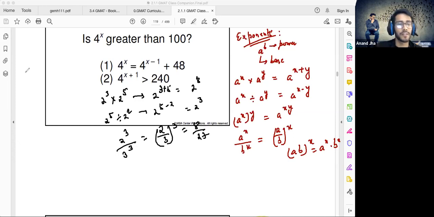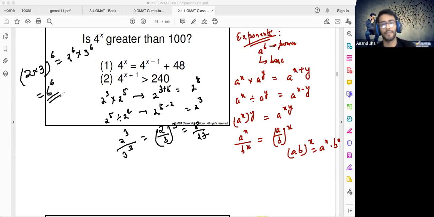One more thing: 2 into 3 power 6 is nothing but 2 power 6 into 3 power 6, or you can write 6 power 6 also. Both are one and the same. And one most important law: anything power 0 is 1.